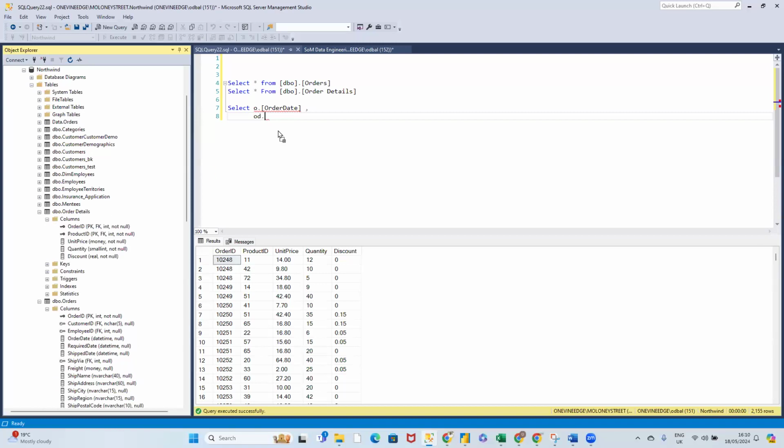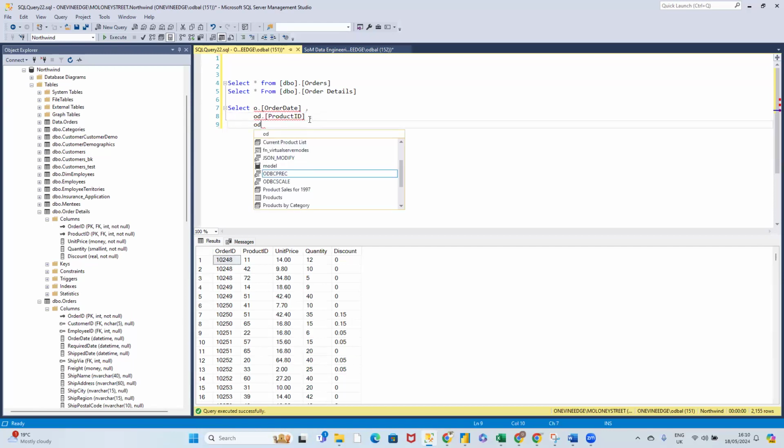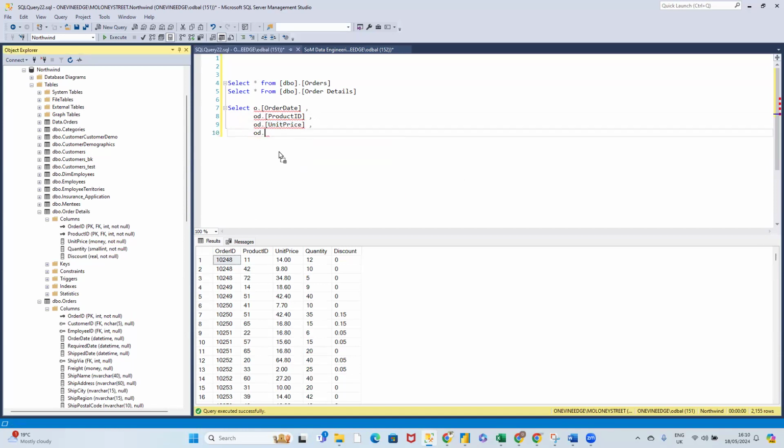Let me still use the product ID, I will change it later. And then from that, I also need my unit price, I also need my quantity, and I also need my discount.